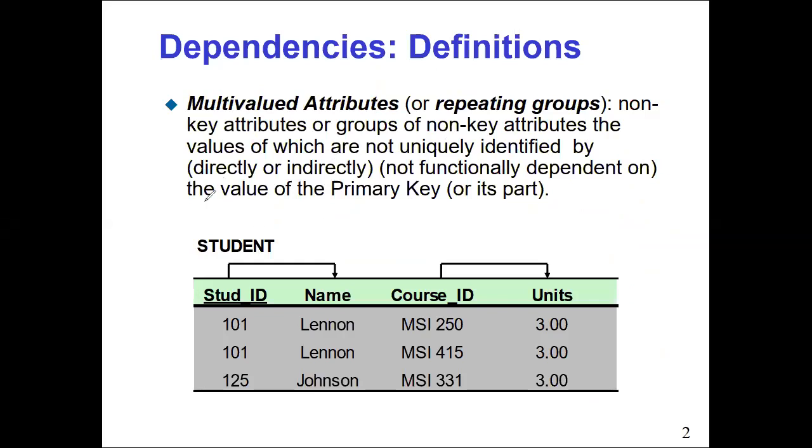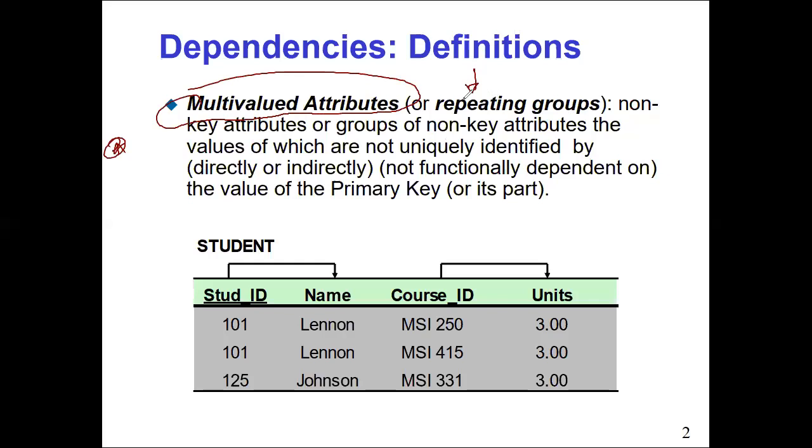There are some important points we need to note. One is multi-value attributes. Already we have learned about multi-value, or else we can say repeating groups. So make sure that you take a pen and paper, because we will be doing more exercises today.